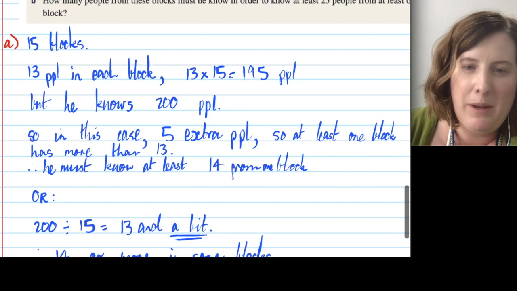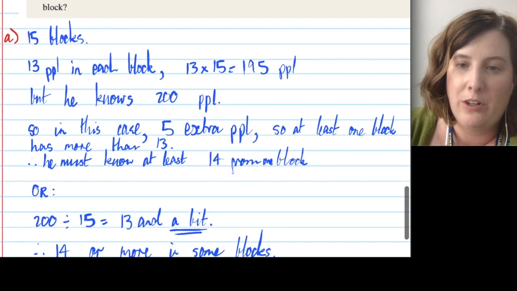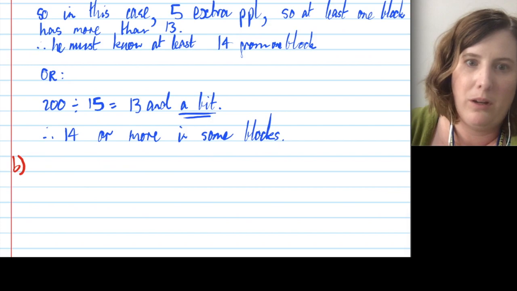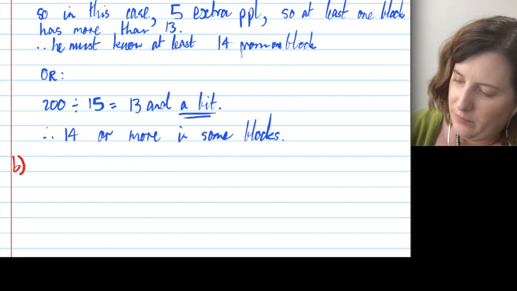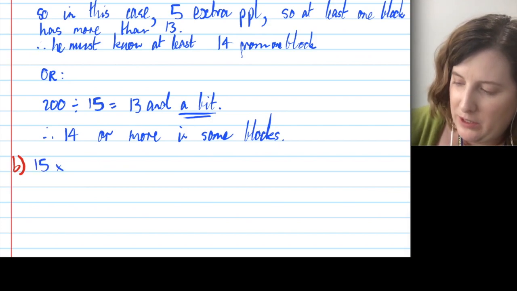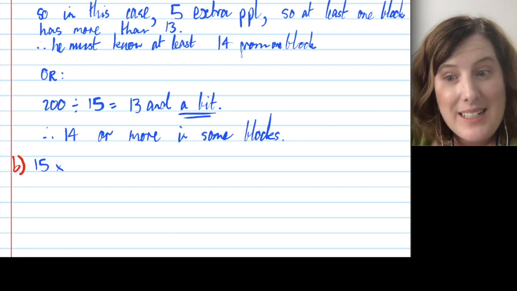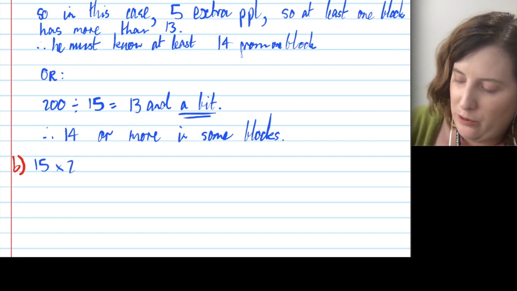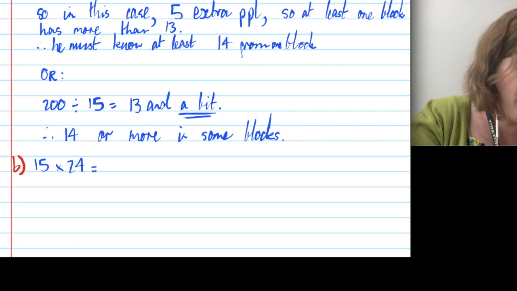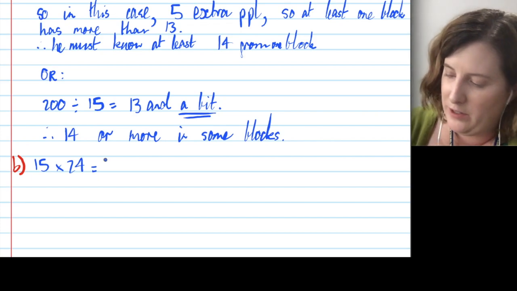Next question says, how many people from these blocks must he know in order to know at least 25 people from at least one block? Well, we've got 15 blocks. If he doesn't know at least 25, then it's 24. So 15 times 24 is 360.